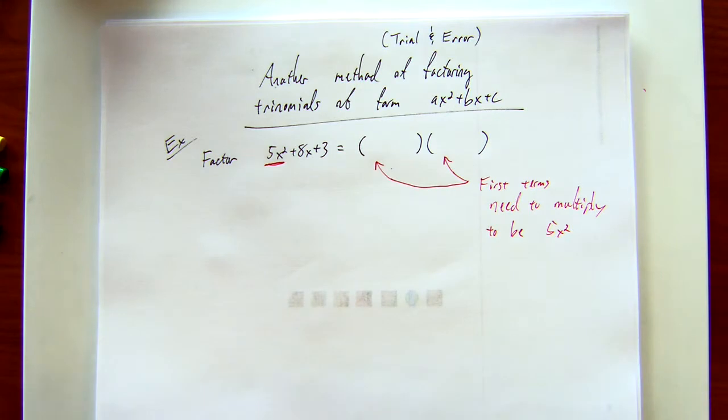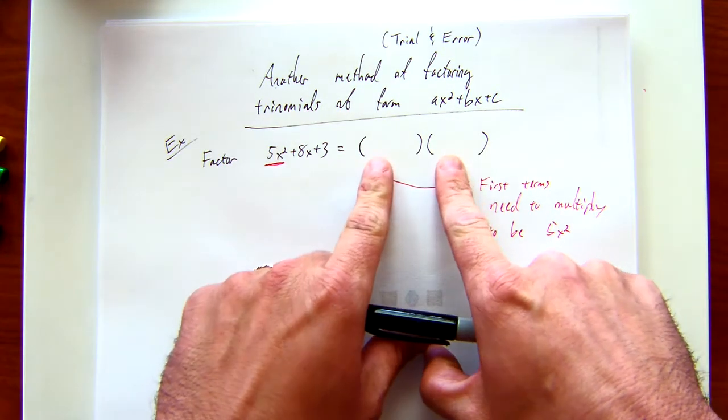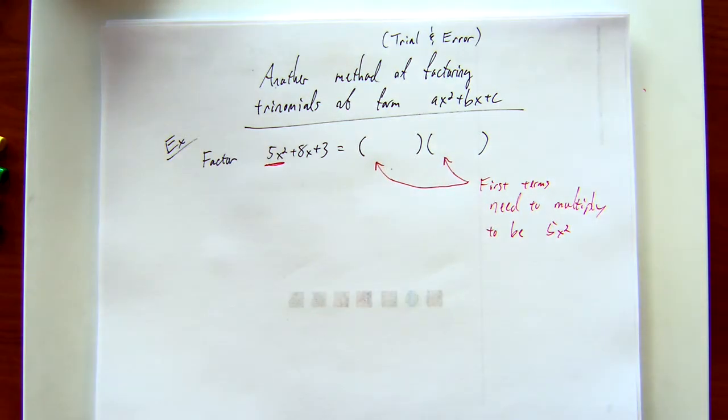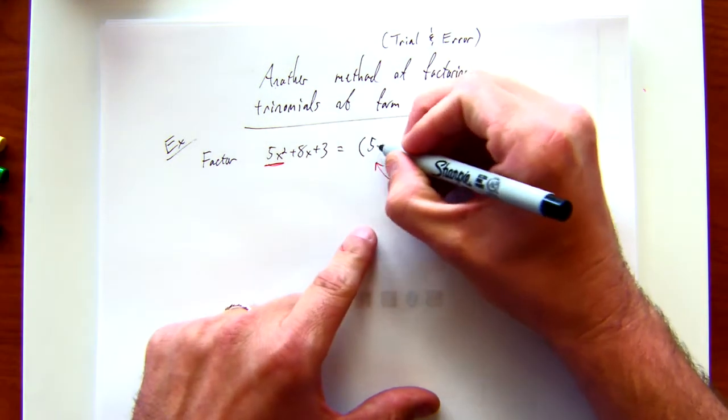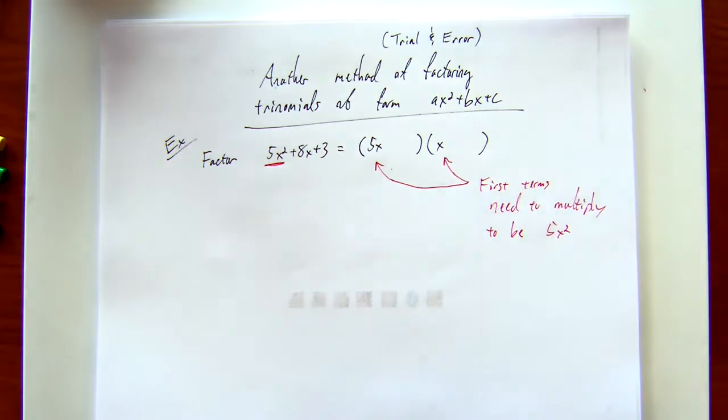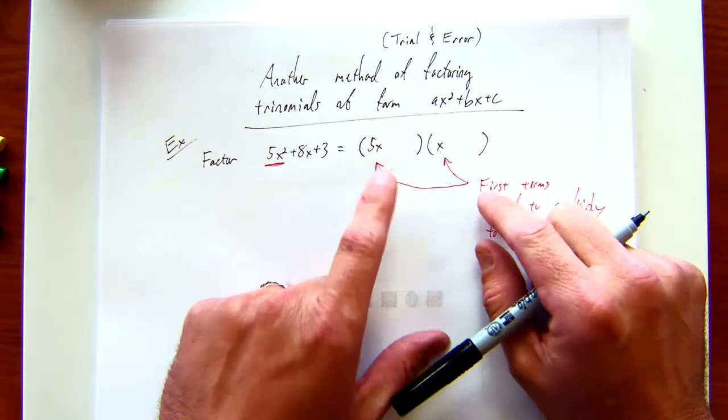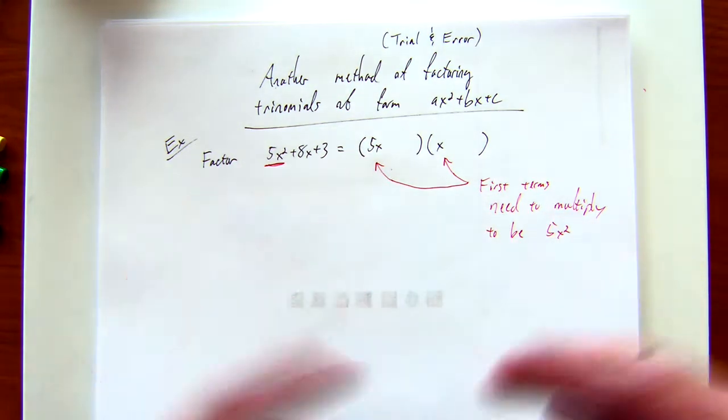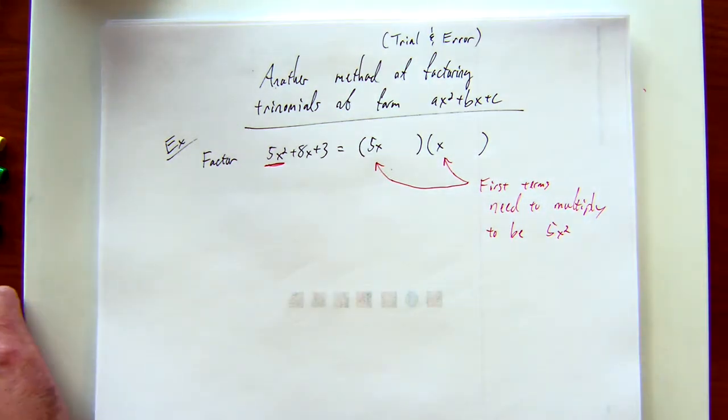So what are the options? What are the two things that might multiply to be 5x squared? 5x and x. So this first example should be fairly straightforward. But I'll show you in a couple more examples where you might have to try it a couple of times.